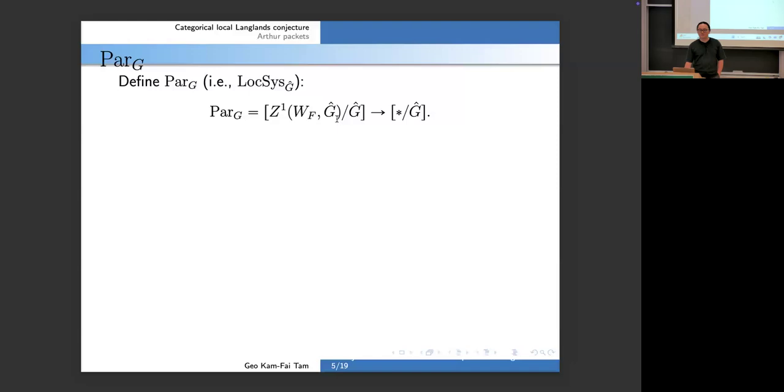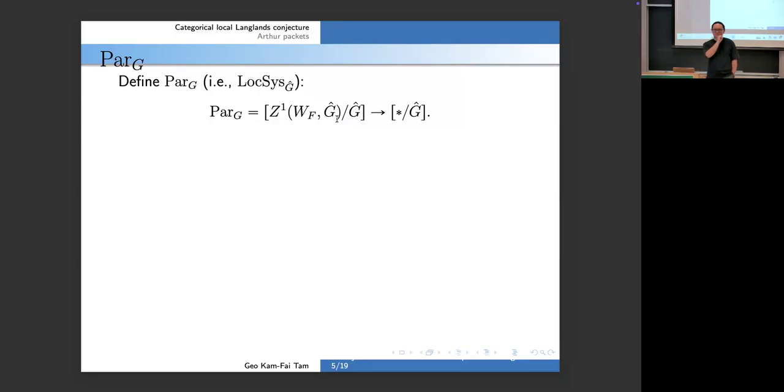Think of it as an L homomorphism, or you could forget to WL factor. Yes, thank you. Does it convince you? No?